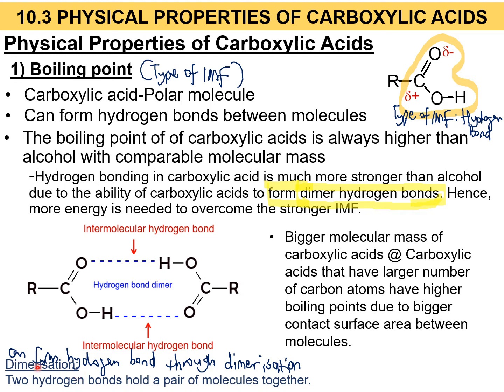Dimerization ni is actually bila two hydrogen bonds can hold a pair of molecules together. Okay, so for example, ini adalah sepasang carboxylic acids kan. Dia boleh hold kedua-dua molecules ni, dia boleh buat dua hydrogen bond. Itulah maksudnya dimerization. Okay, sebab dia boleh buat dua hydrogen bond yang akan hold sepasang molecules ni together.